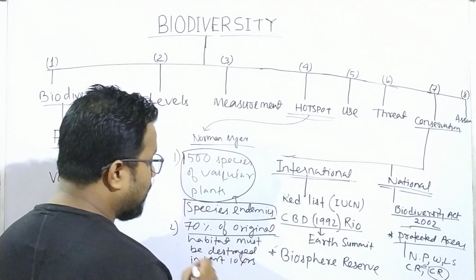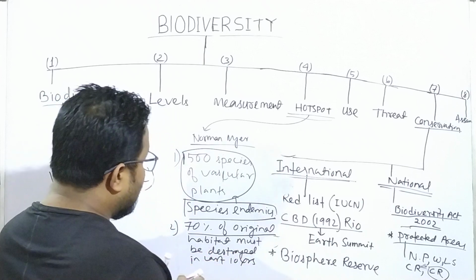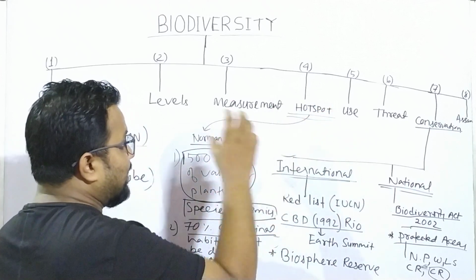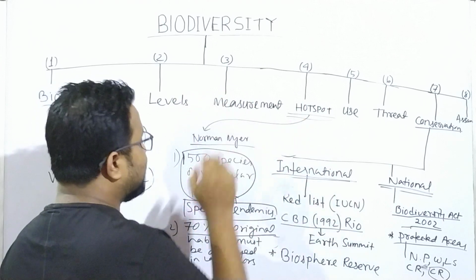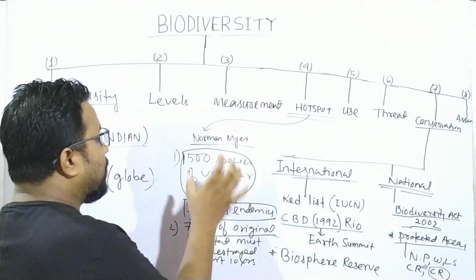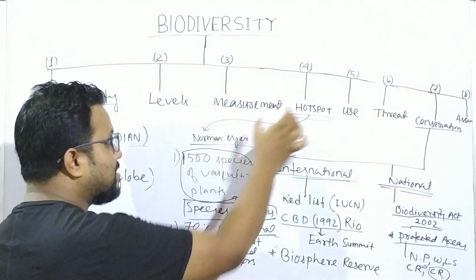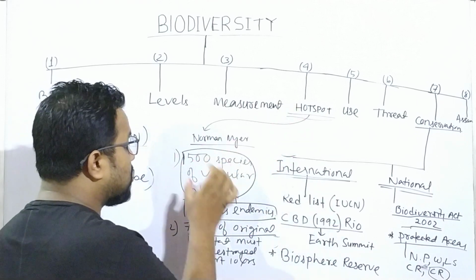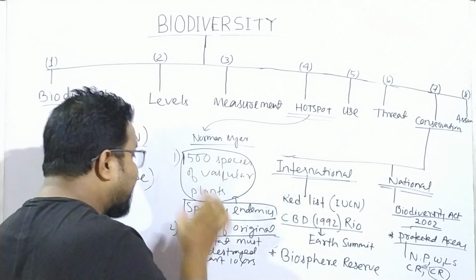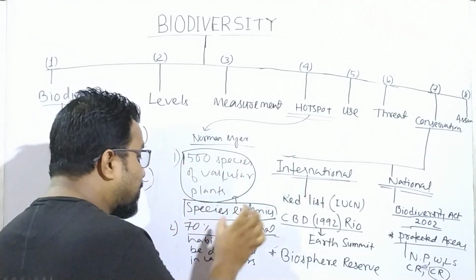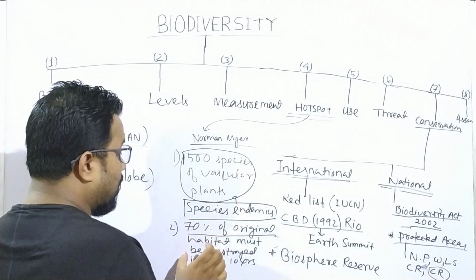What I am saying is, the region which is declared as a hotspot needs to fulfill two criteria. Number one, the region must possess 1500 endemic species of vascular plants. At the same time, the region must lose 70% of its original habitat in the last 10 years.